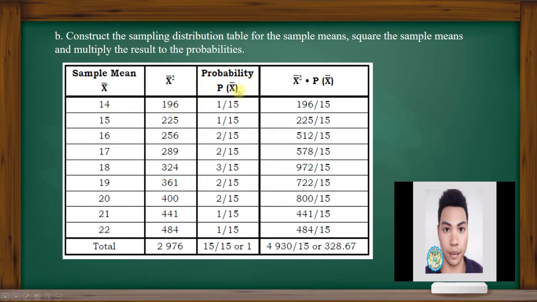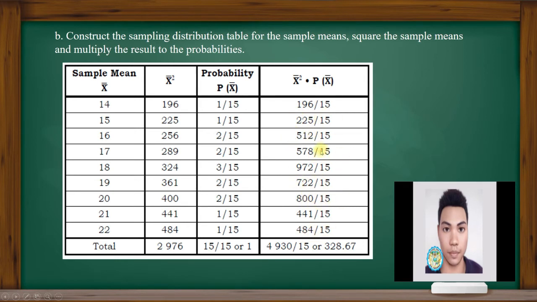The probability, we already got this earlier. Now we multiply the square of the sample mean times the probability. So 196 times 1 over 15. There, 196 over 15, then 225 over 15 and 512 over 15, and so on.